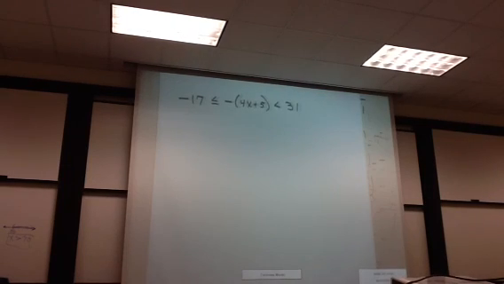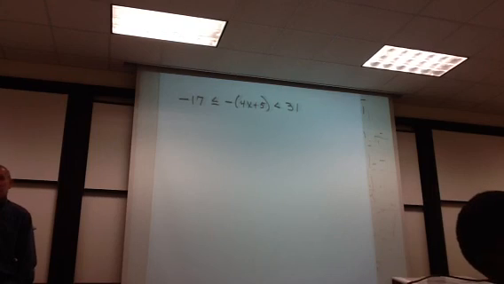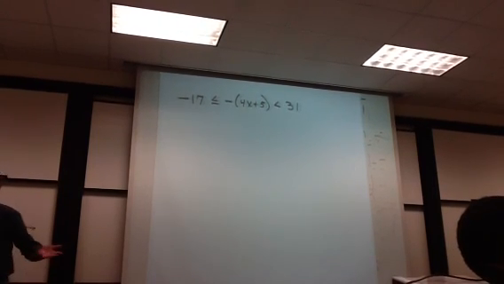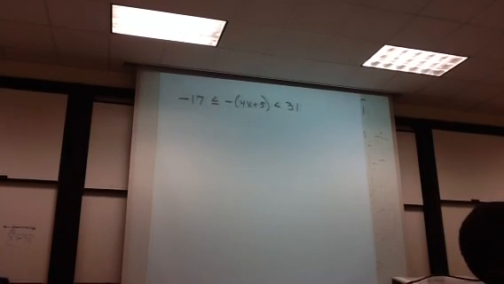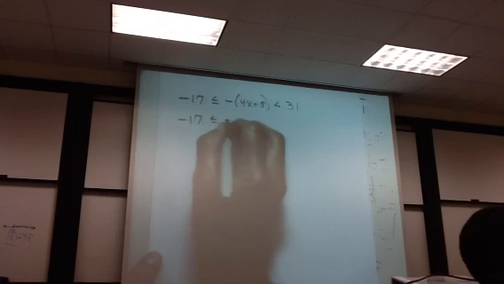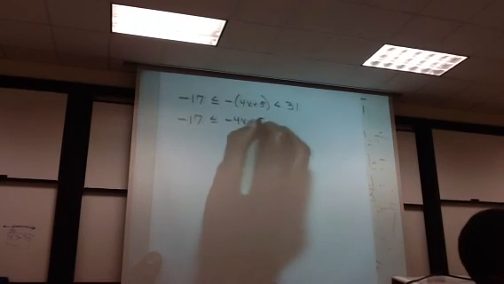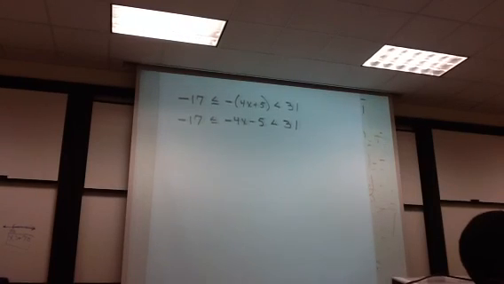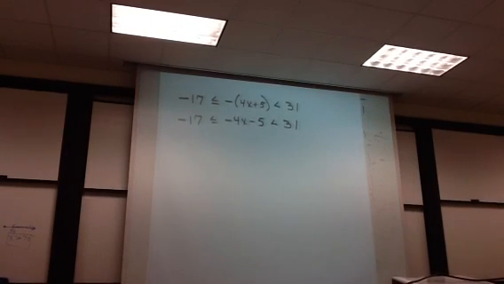All right, imagine you're presented with this expression on a test. What are you going to do first? Distribute the negative sign. Okay. Apply the negative, distribute the negative, however you want to phrase it. Okay, no more parentheses. Now what are you going to do? Add 5 to every portion.